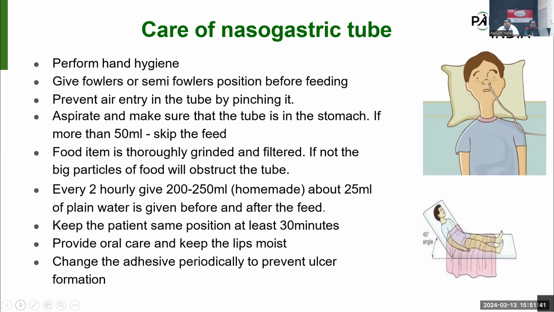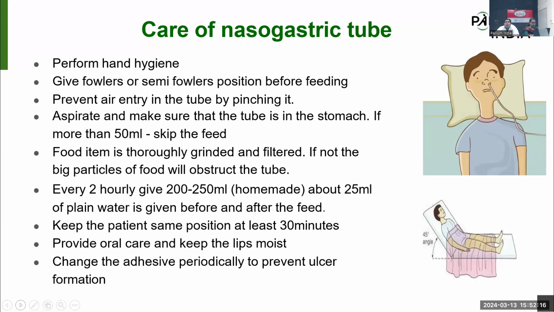If fluid content comes out, the NG tube is in the proper position. Reinsert the aspirated fluid and feed the patient. Otherwise, if air comes out, it indicates that the tube is in the lungs.